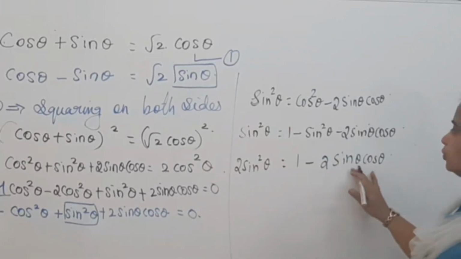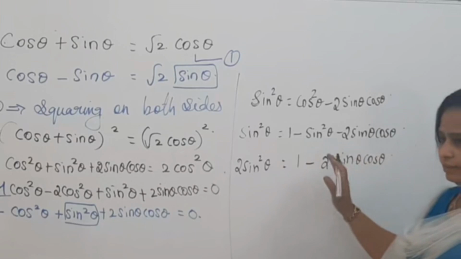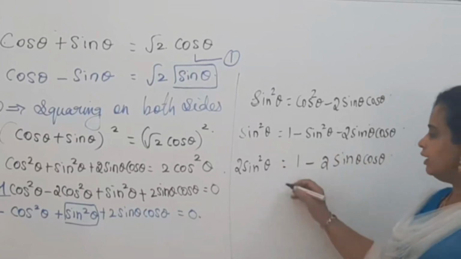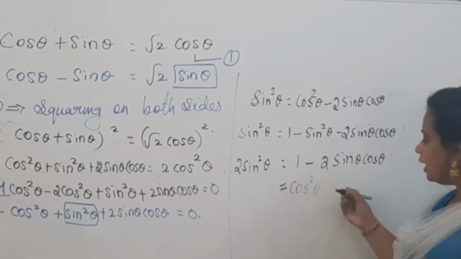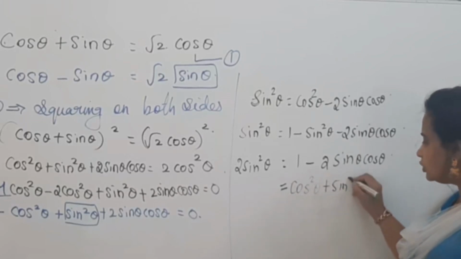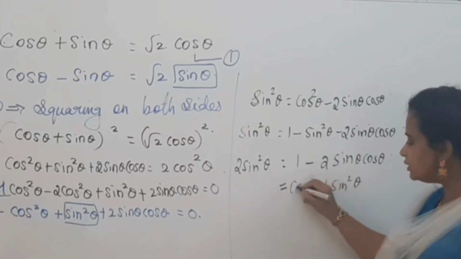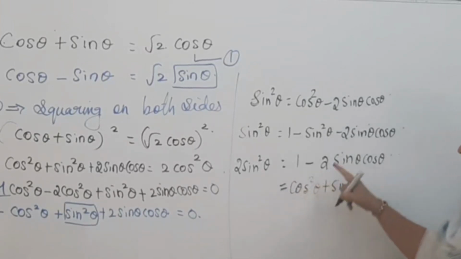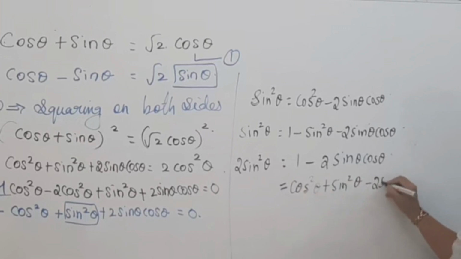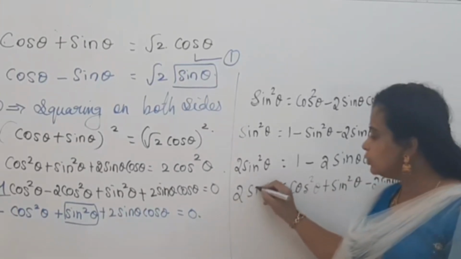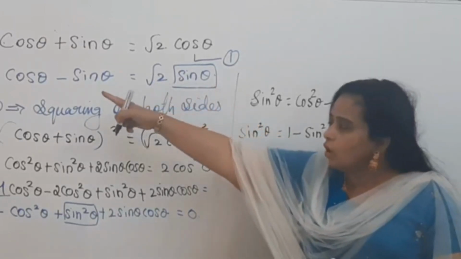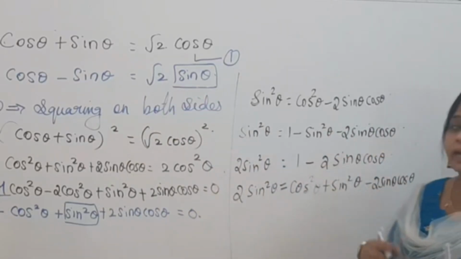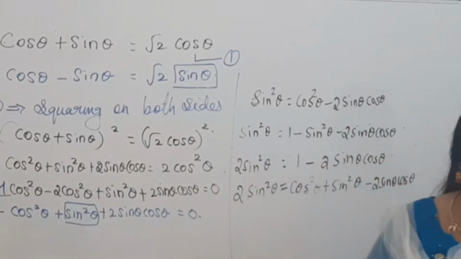Before that I have to do something here. This 1 can be written as cos square theta plus sine square theta. I am not changing; I am writing the same way as it is given. Cos square theta plus sine square theta minus 2 sine theta cos theta is equal to 2 sine square theta. Why? In the 2 sine square theta, I have cos theta, so I should think of how I can bring my cos theta in place of 1.